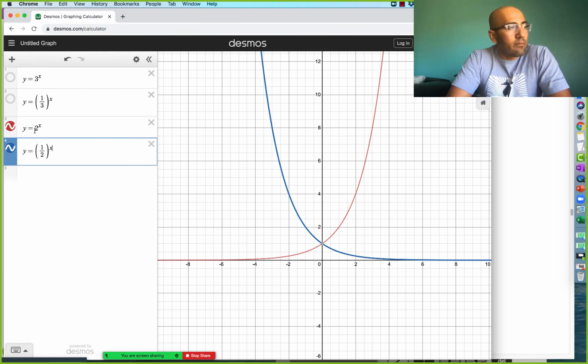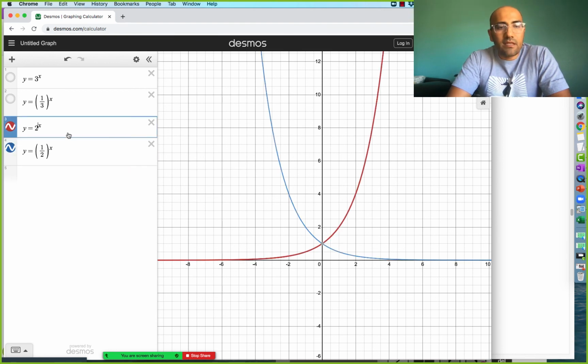Whenever the base number is bigger than 1, it's going to have this general shape always. It's going to go through the point (0, 1) no matter what, because no matter what the base is, raised to the 0 power will always get 1.